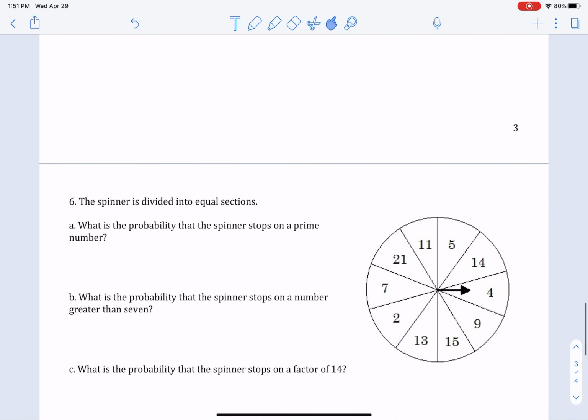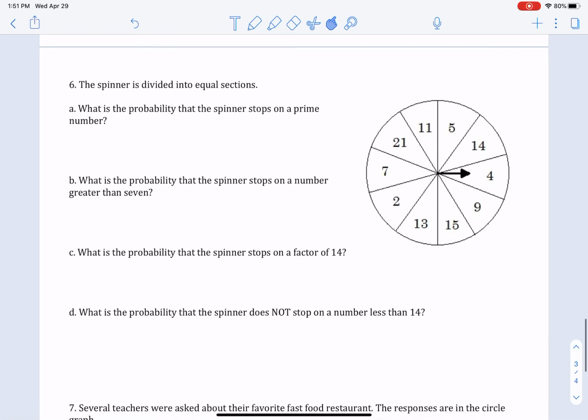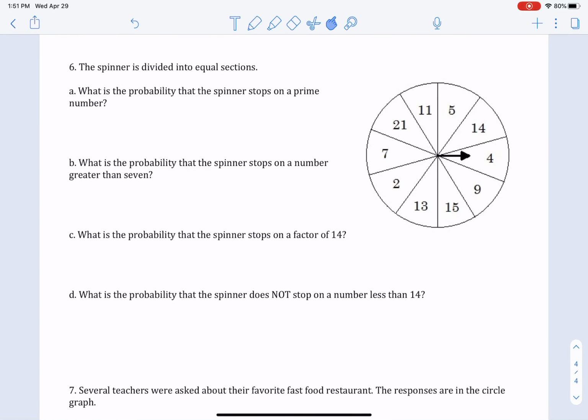Okay, so looking at the next page, it says the spinner is divided into equal sections. I usually like to count and see how many sections there are. If you go through it and make sure, you should see that there are 10 sections. The first question says, what is the probability that the spinner stops on a prime number?